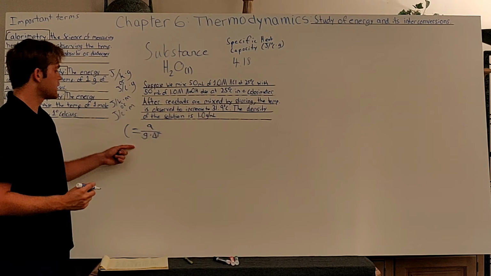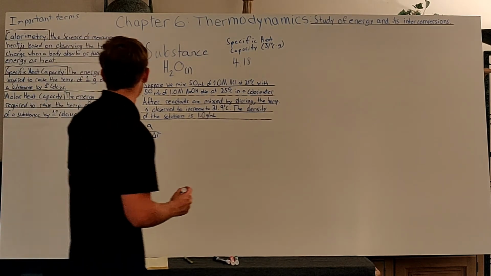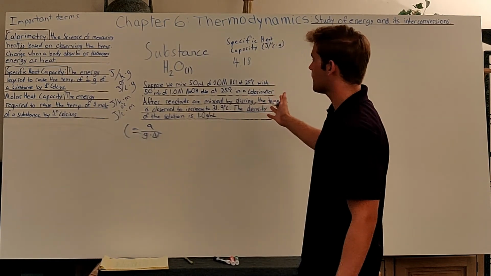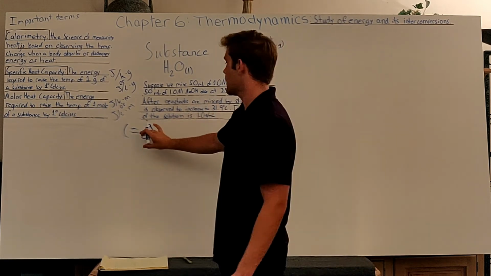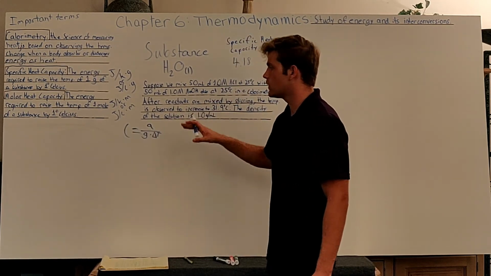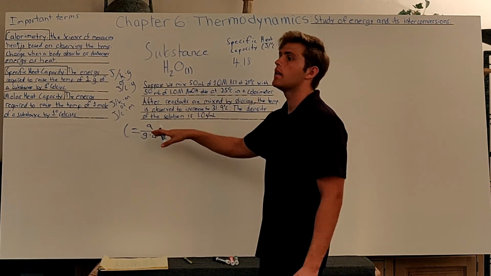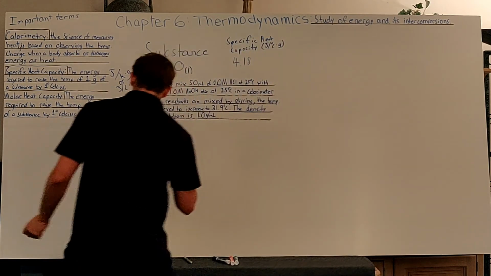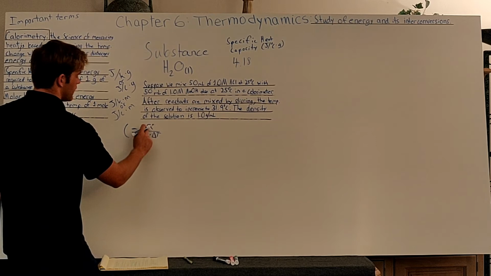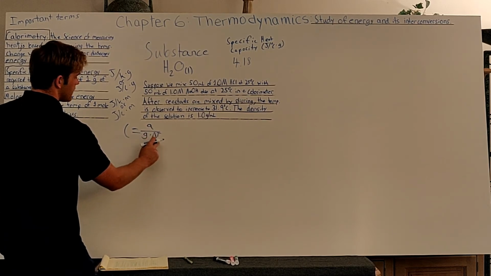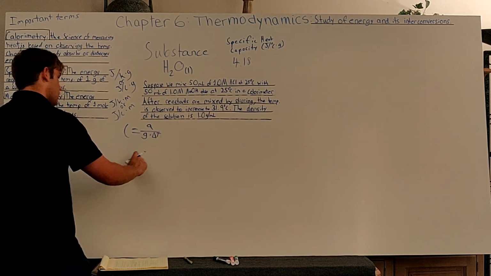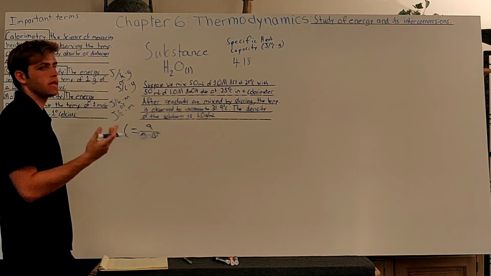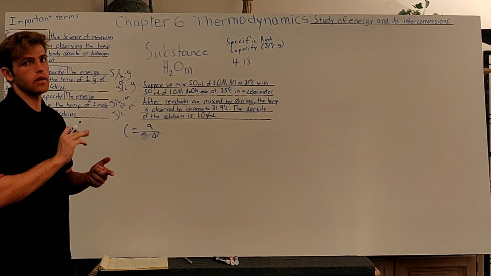Now, this is an equation that you're given for specific heat capacity, but for this example problem, we're going to change it up a little bit and switch which way we're applying this formula, depending on what we're given and what we're not given. So now the Q is divided by grams times change of T. We represent the grams as the mass, so we can just put M. You have to know it's mass, not molarity or moles.